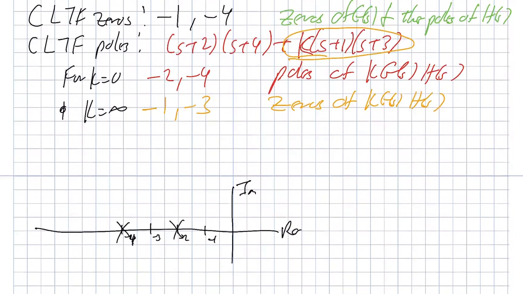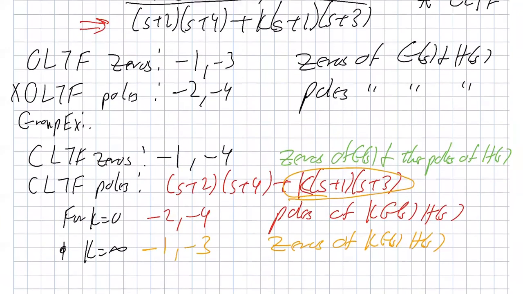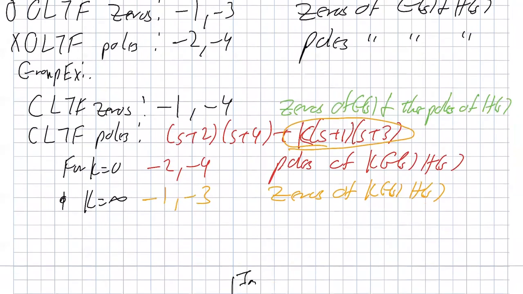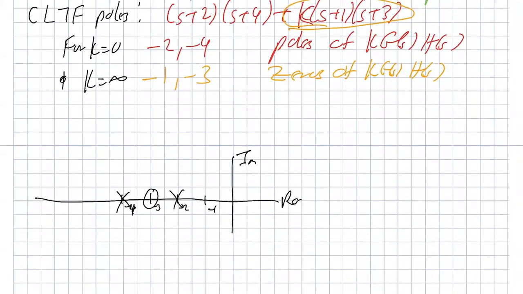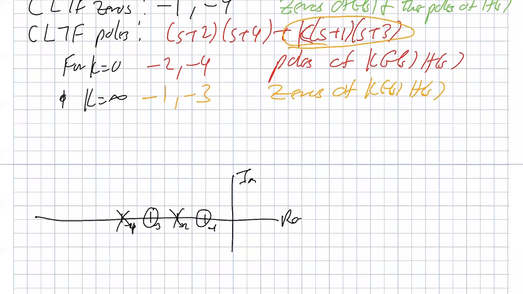Our open loop transfer function zeros, -1 and -3, we use an O for zero. For the closed loop transfer function poles, when k is equal to 0, they're at -2 and -4, at the open loop transfer function poles.